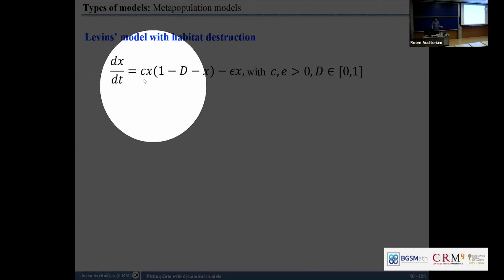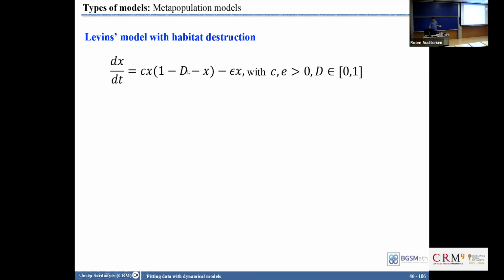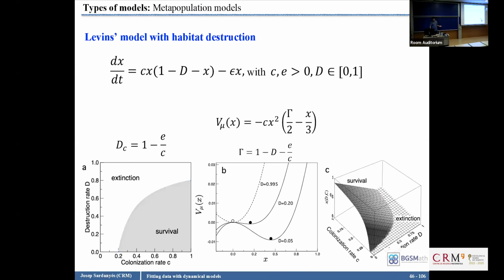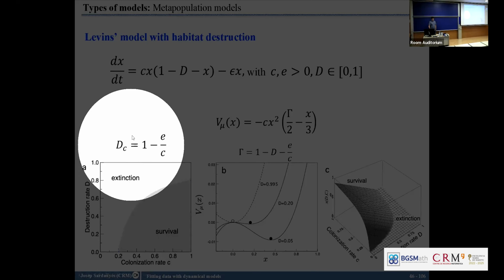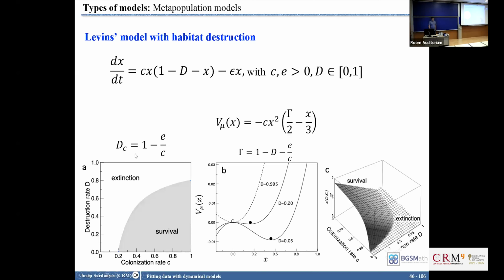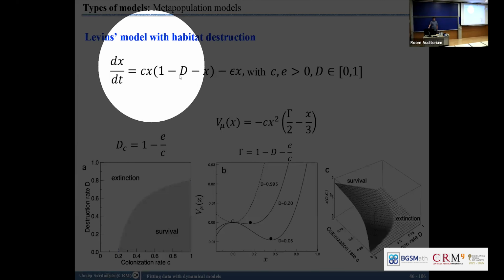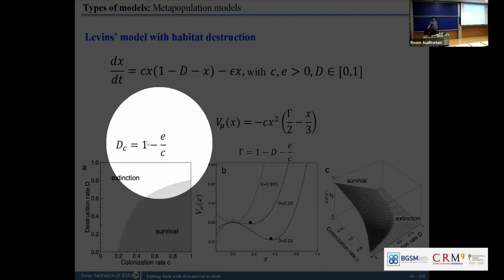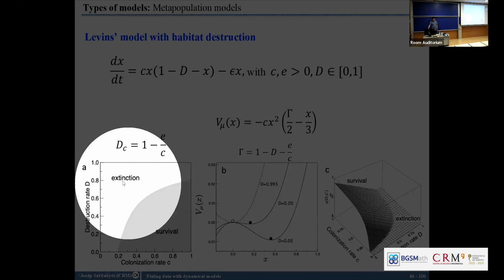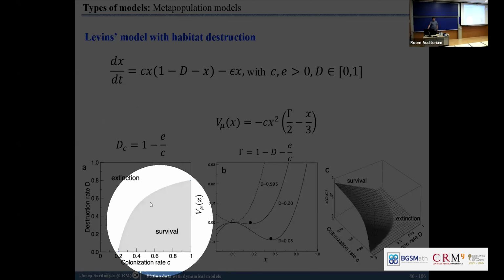Of course, this model is very similar to the other one, and here we can observe the same as in the other one. Here we have this critical value of the fraction of habitat destroyed, also called habitat loss. This D is the fraction of habitat destroyed or habitat loss. So this is the relation that separates the scenario of survival from extinction.